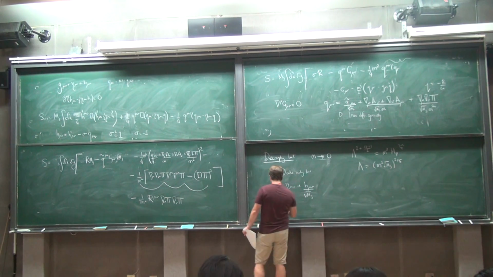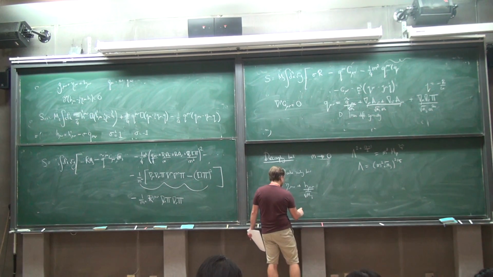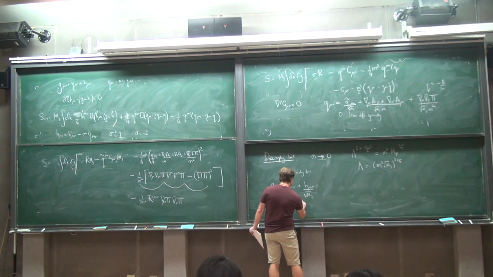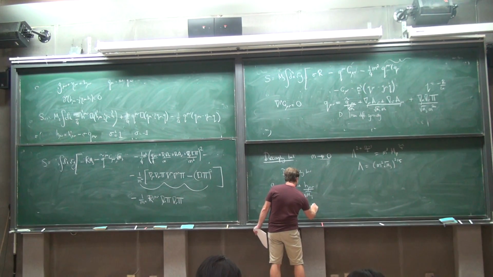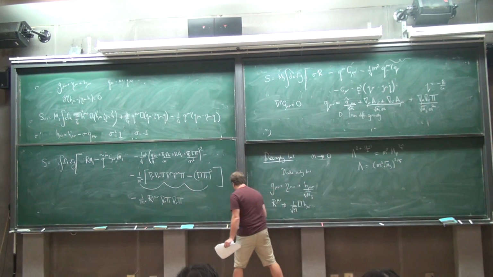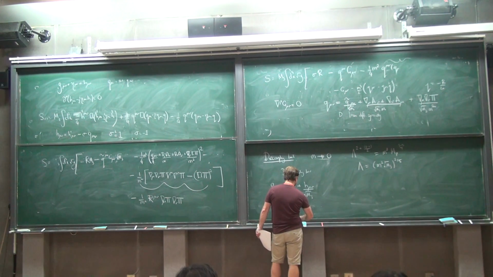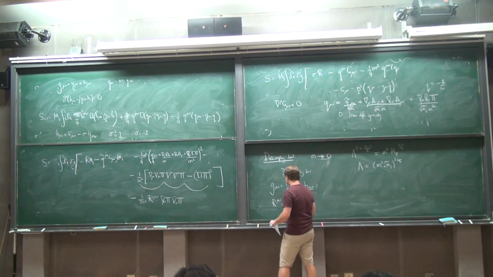So R mu nu in that limit is going to give something that will scale like, R mu nu basically is box h mu nu plus dot dot dot. Well, let me say it's not box, it's the Lichnerowicz operator. Speaking of the Lichnerowicz operator, 1 over square root of m3.